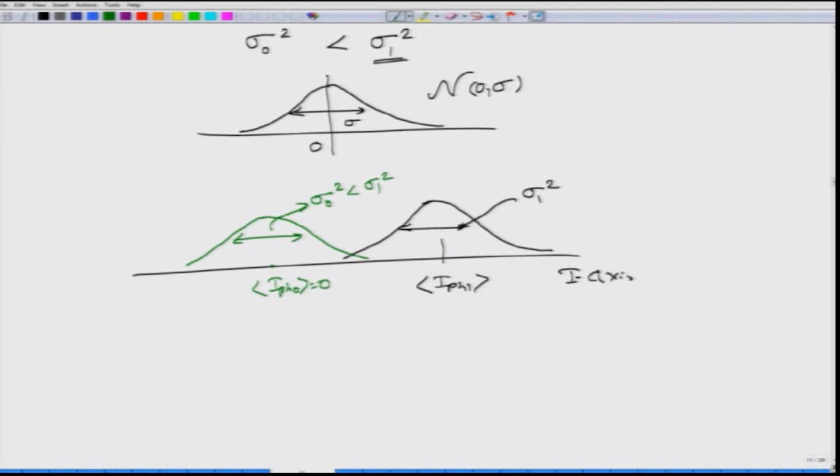Now, what is this thresholding business that we were talking about? When you receive this current, please note that this is the increasing current axis, you can go back and look at the probability of this current value. This is the received current I_R.